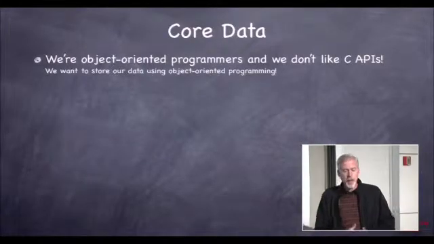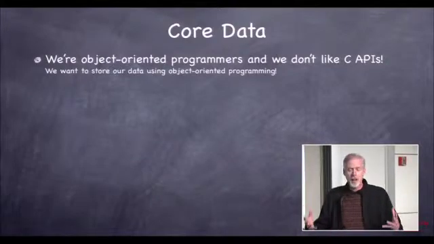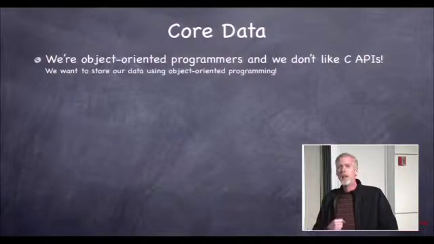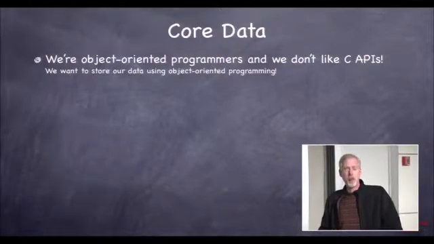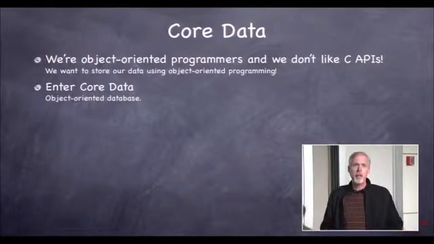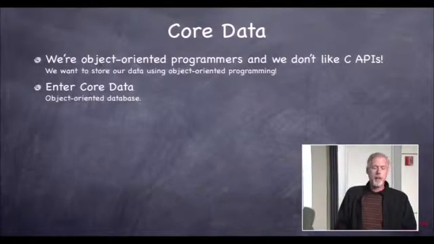All right, so Core Data, what's it all about? In this class, we're object-oriented programmers. We don't like C APIs, so we don't want to use something like SQL to store our data. We want an object-oriented API, and that's what Core Data does. It's basically a fully object-oriented API to store data in a database.